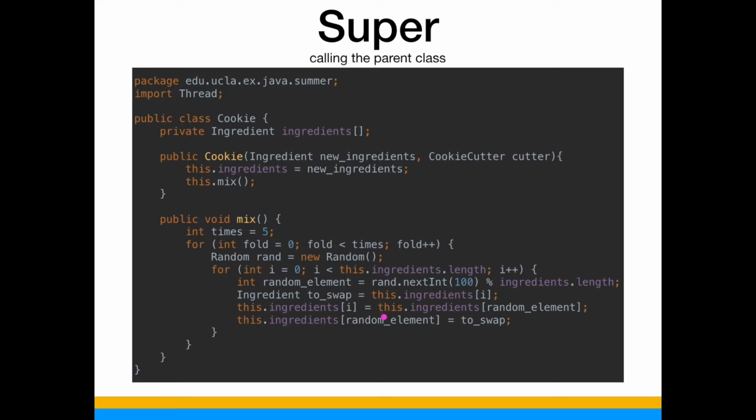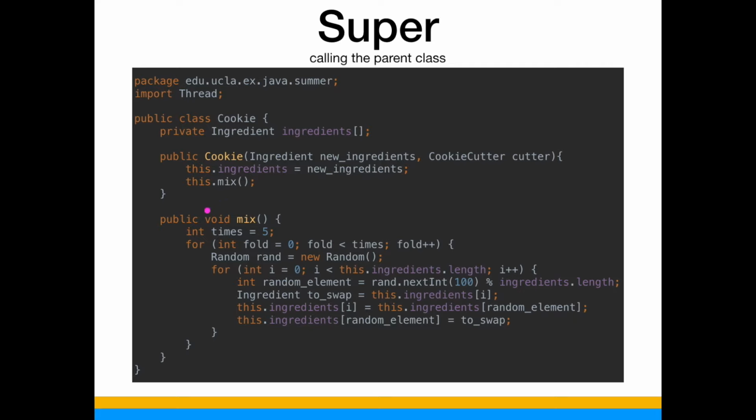Now let's look at some code to explain the usefulness of the super keyword. A good example here is that we have our Cookie class, which has a series of ingredients, just these guys here. As we receive the new ingredients, we add the ingredients and then we mix them.